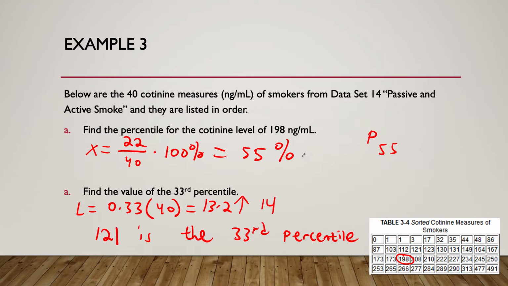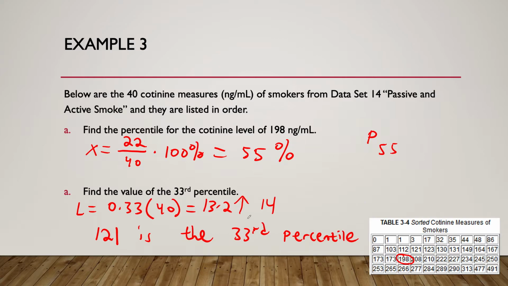For example, below are the 40 cotinine measures, in nanograms per milliliter, of smokers from the Passive and Active Smoke data set, listed in order. We want to find the percentile for the cotinine level of 198 nanograms per milliliter.